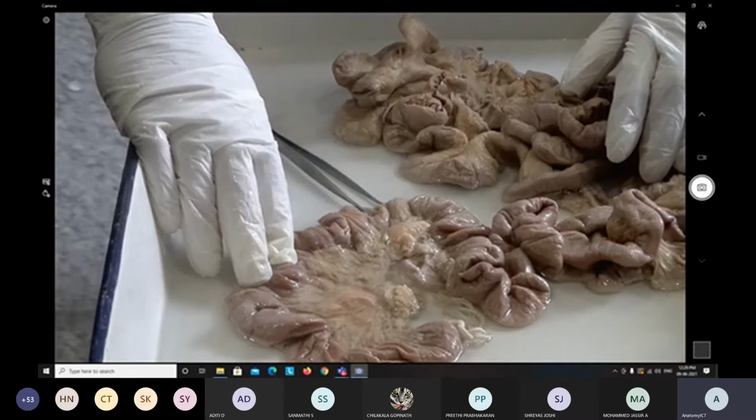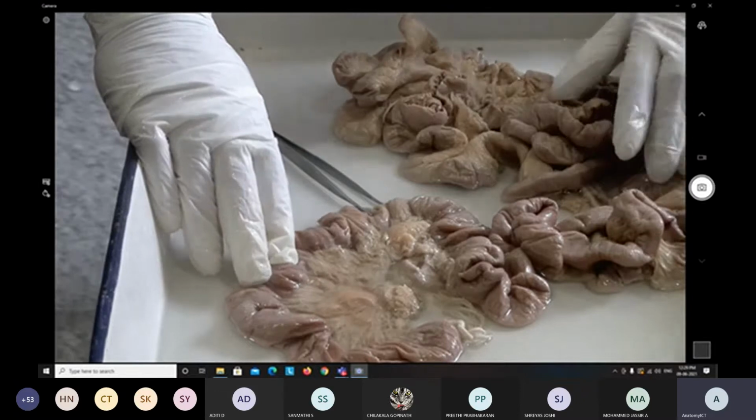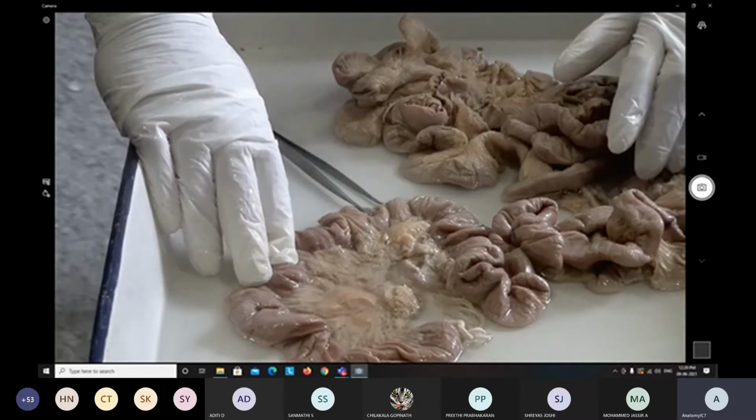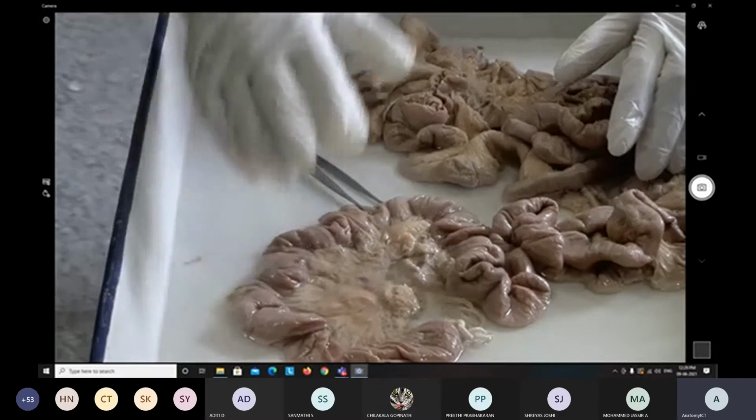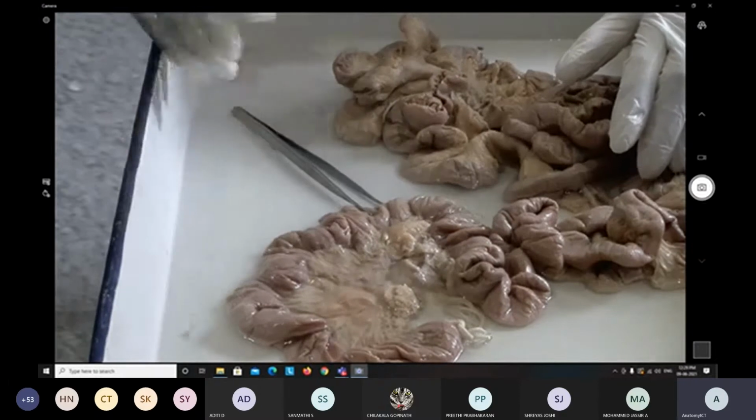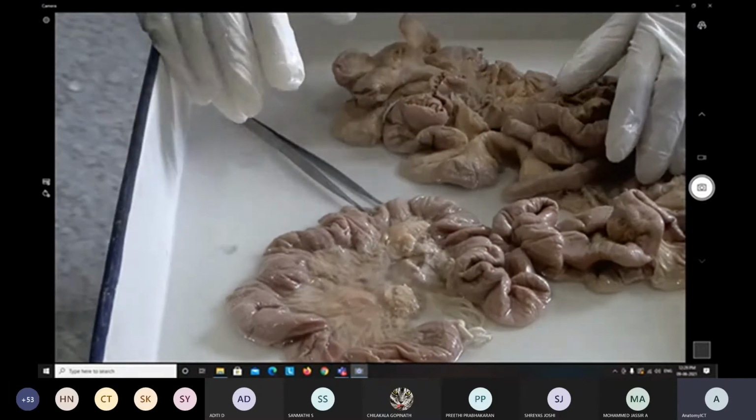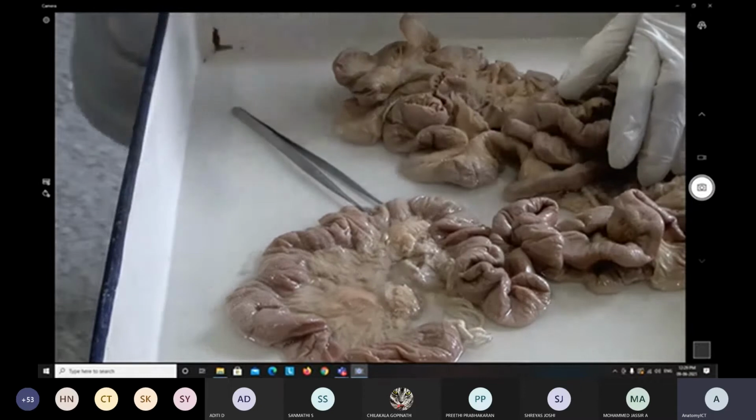Now on the right side we have the right kidney, exactly at the level of L1, L2, L3. It means this is a retroperitoneal organ, which the duodenum goes back and attaches to.